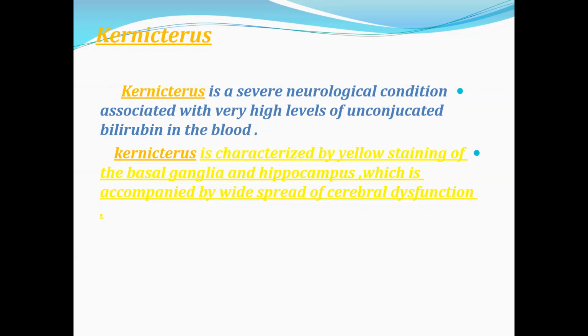Unconjugated, not conjugated. What are the areas affected? Of course, we have a yellow staining of the basal ganglia and hippocampus, accompanied by widespread cerebral dysfunction. Of course, if we don't intervene immediately, we have permanent damage, and in the end, we receive a crippled human being.